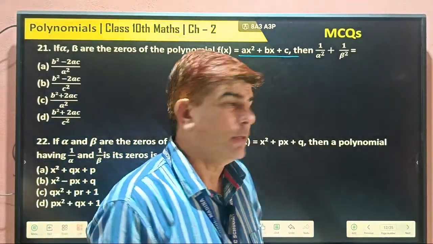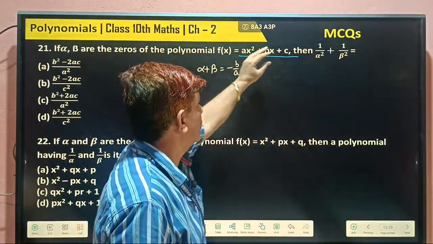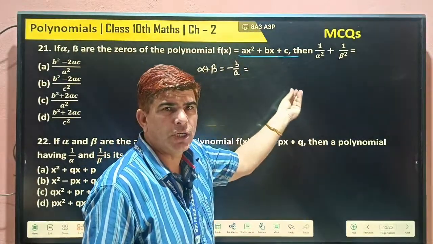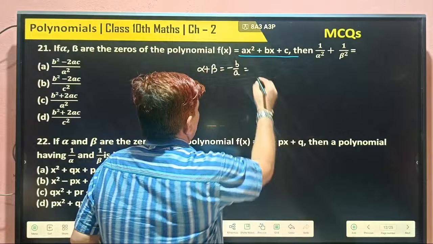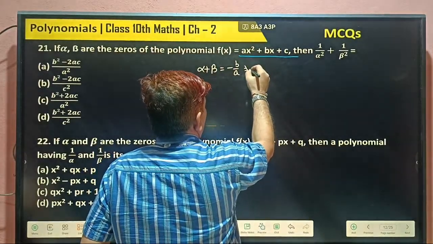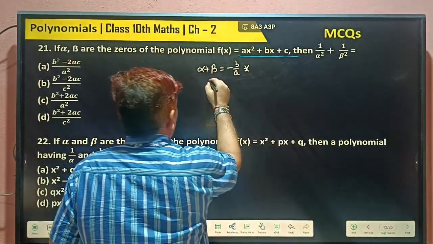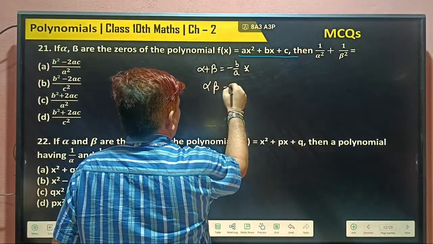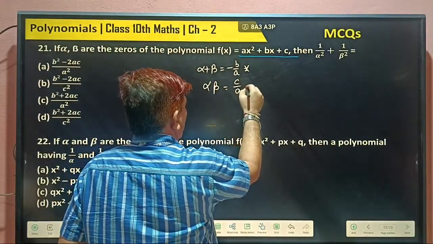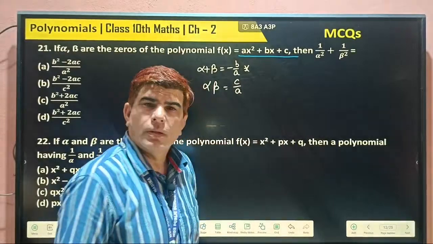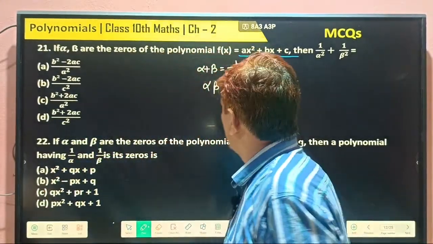Or you can write minus the coefficient of x divided by the coefficient of x square. So this is minus b by a. Product is equal to c by a. This is given.